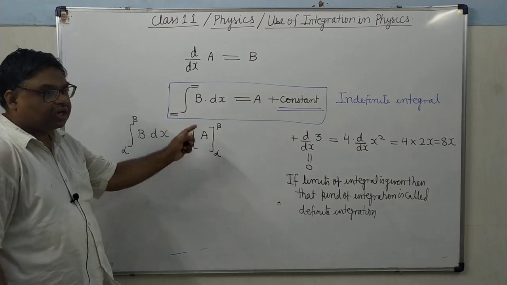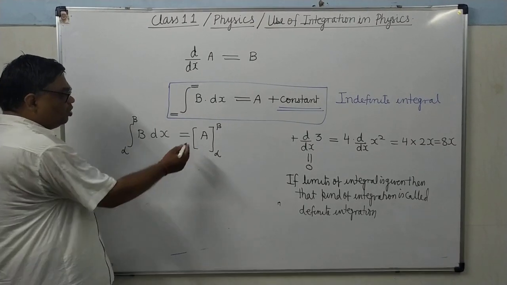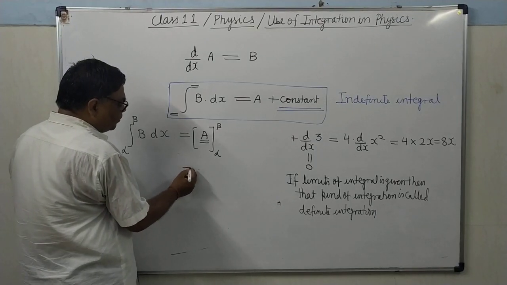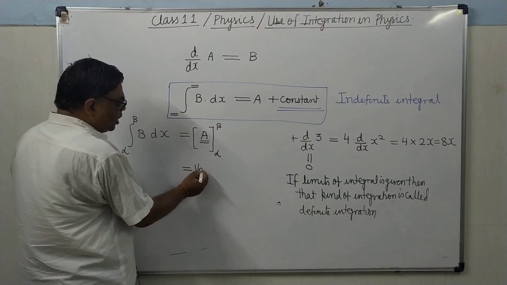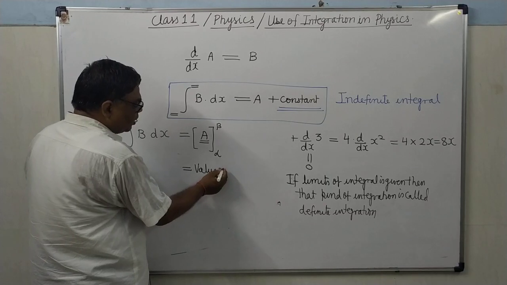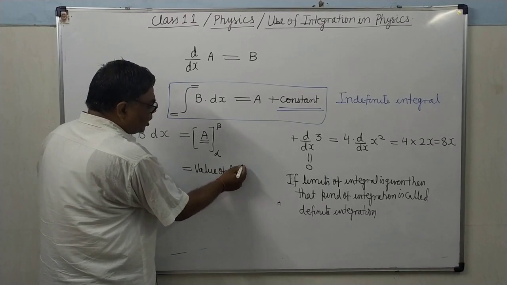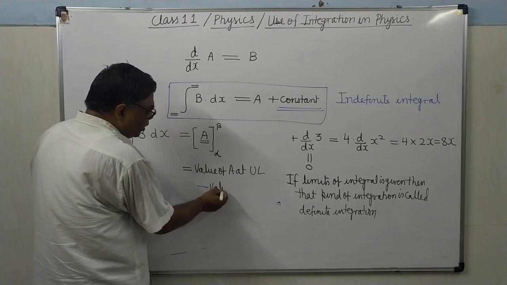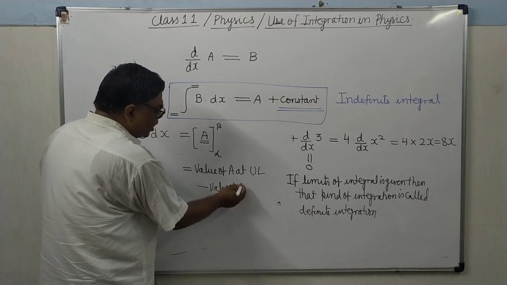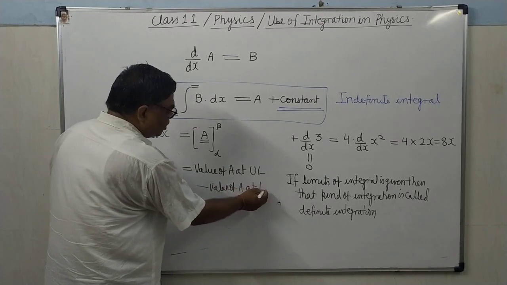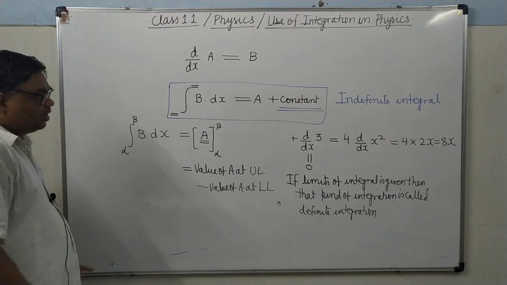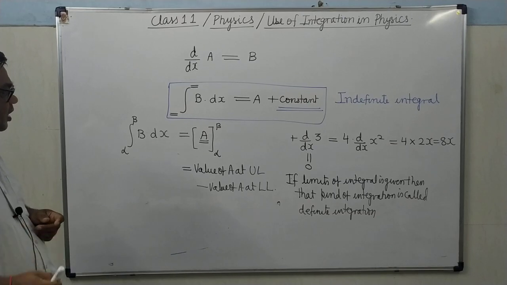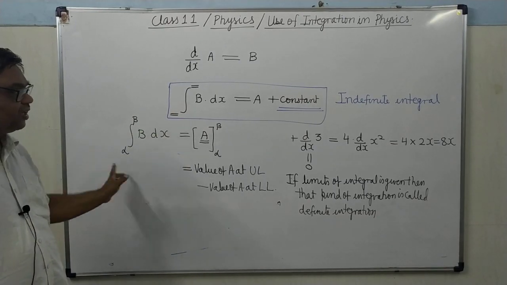Now we will not put the constant. Now its value at the upper limit, how will you simplify? Value of a at upper limit minus value of a at lower limit. When I take one example, then it will become more clear. So this way we write the definite integral.